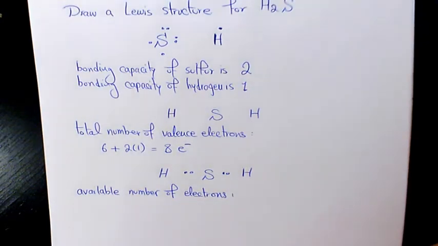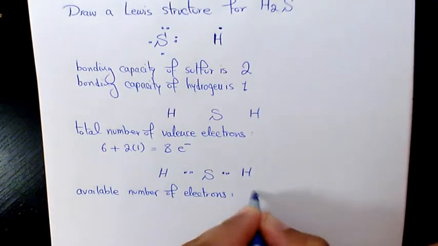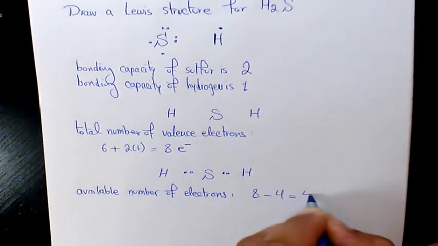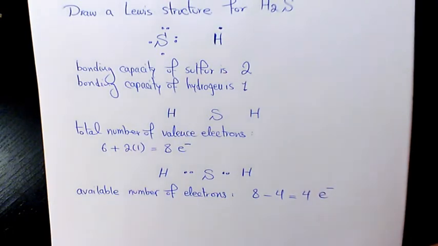How do we find it? By subtracting the number of electrons you have used so far from the total number of valence electrons. So we had 8 minus 4, we have 4 more electrons to use. So we need to place the remaining electrons on the central atom.